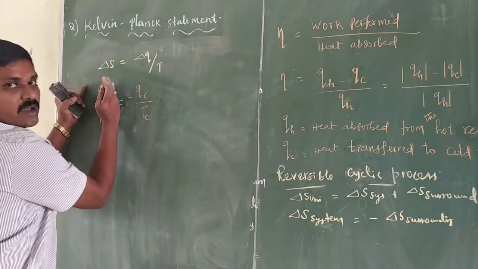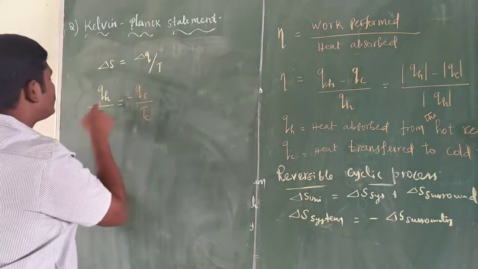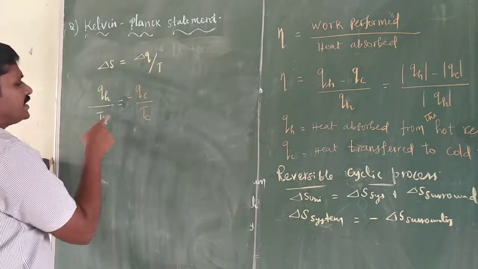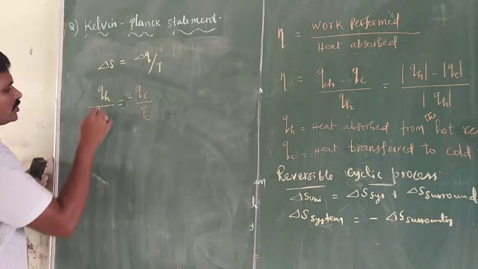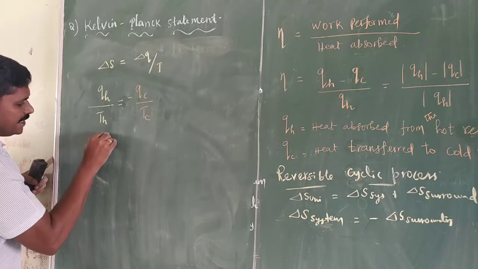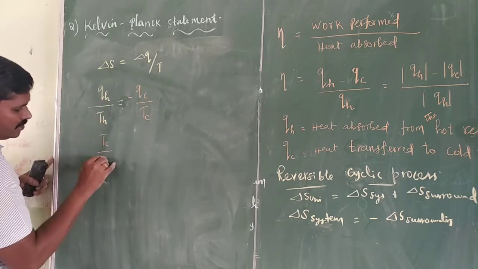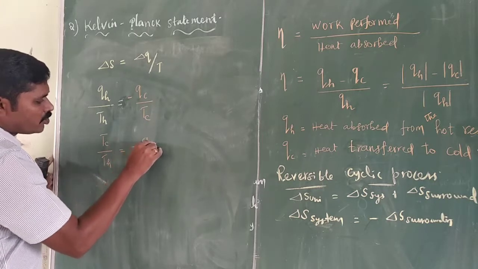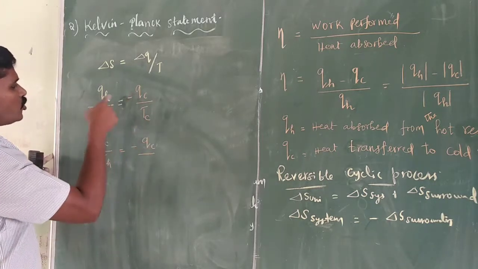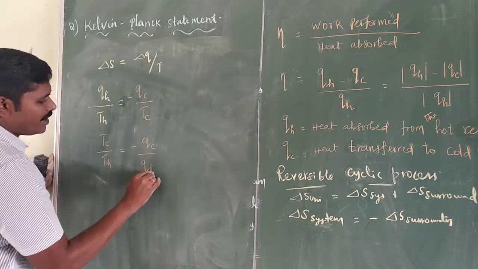System positive, surrounding negative, so minus. So QH by TH is equal to minus QC by TC. Therefore TC by TH is equal to minus QC by QH.